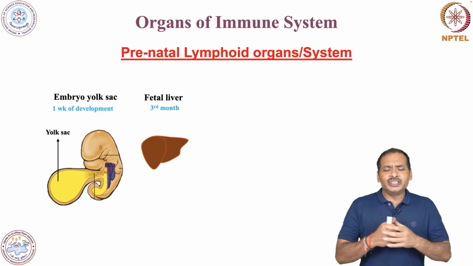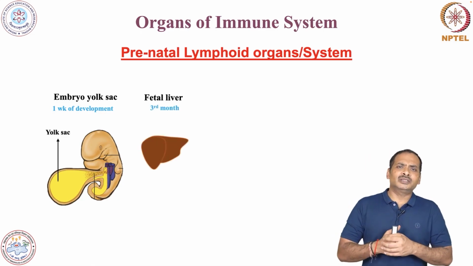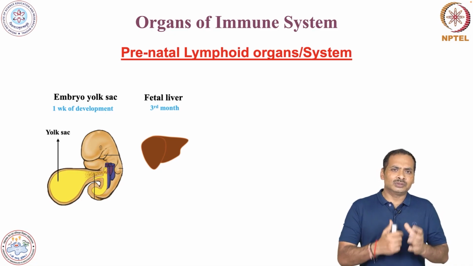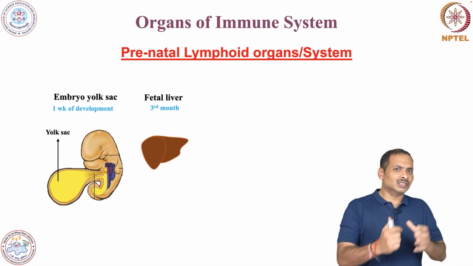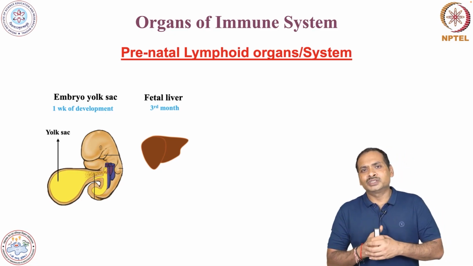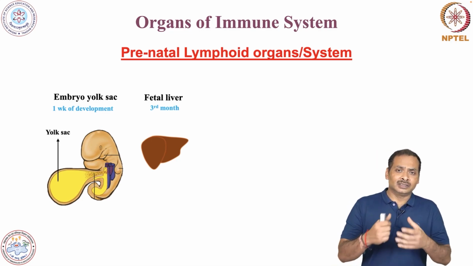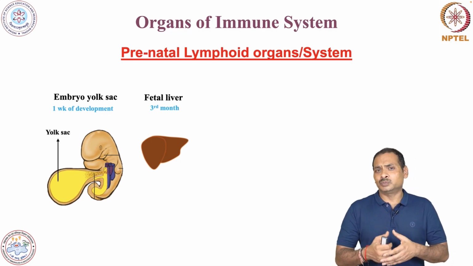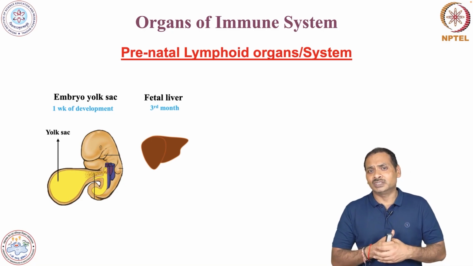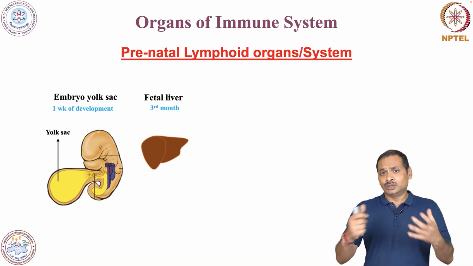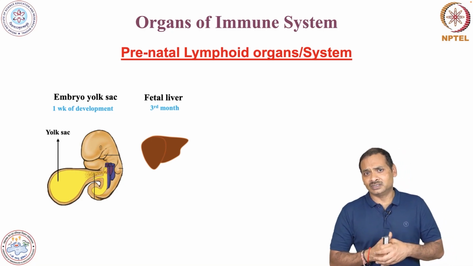After a week, in 3 months' time, the whole immune cell production is taken over by the fetal liver, and from there the development of immune cells takes place in order to give protection to the fetus.